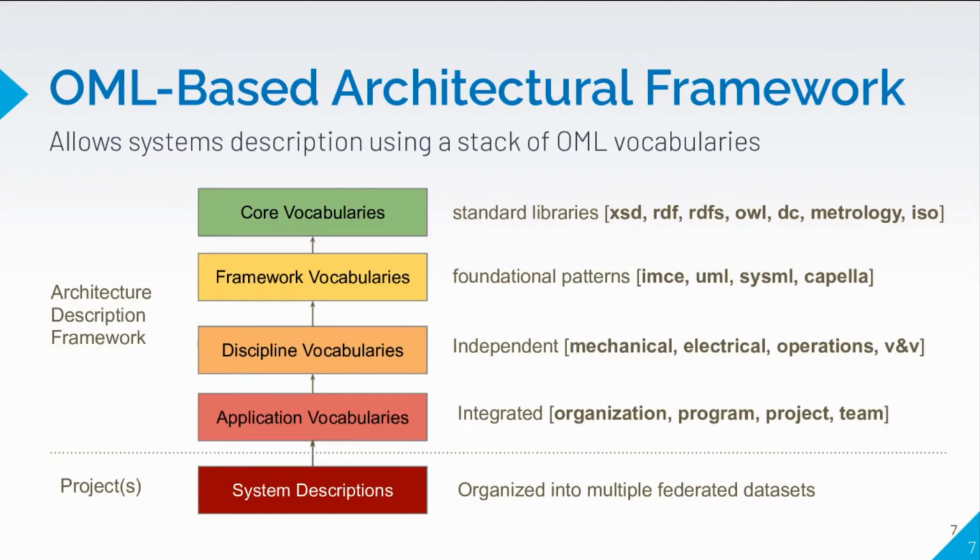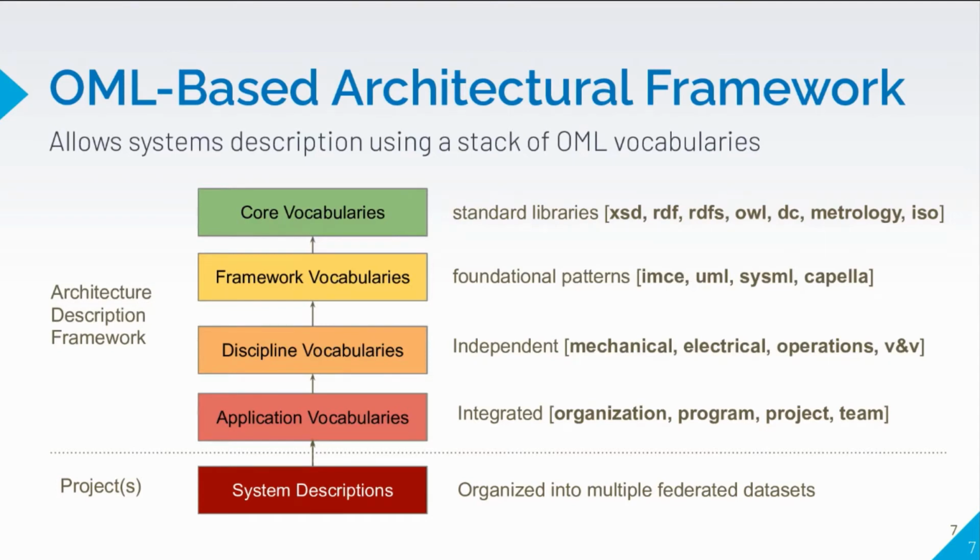However, with ontologies, you can nicely layer your meta models into layers that build on each other. In effect, what you are building here is a stack of ontologies that define your architectural framework. At the very top, you see the core part, which is just a set of standard libraries from the public domain that you can use in your methodology.